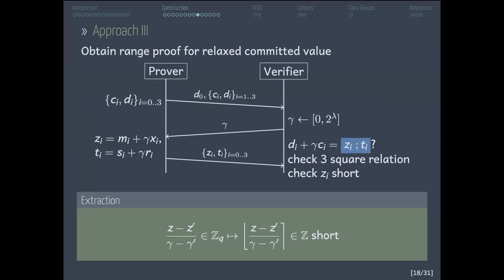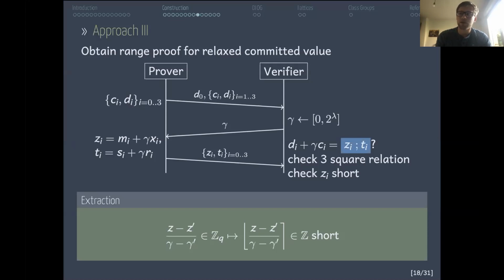When you check this 3-square relation, do you do the operations mod q, or are they just over the integers? What I show is that the 3-square relation holds mod q. This is a bit hard to convey in the presentation, but essentially, as in the binding proof, we just multiply the fractions mod q with the inverses.